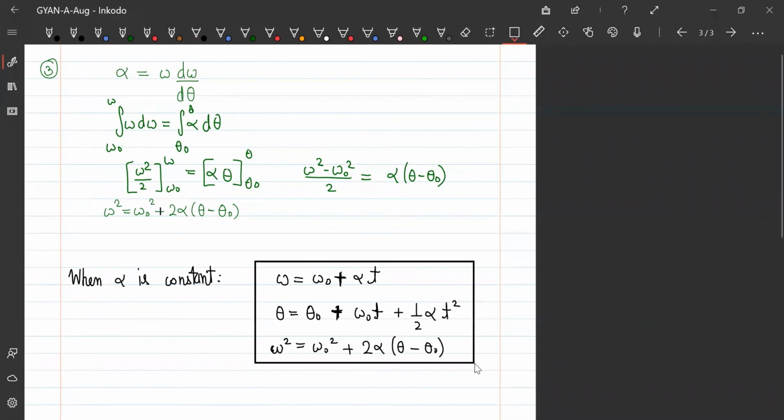These are the three equations. याद रखना है. एंड ऑफ कोर्स अगर काइनेमेटिक्स वाले इक्वेशंस याद है तो ये भी याद रहेंगे.